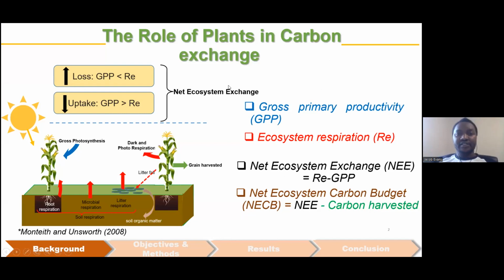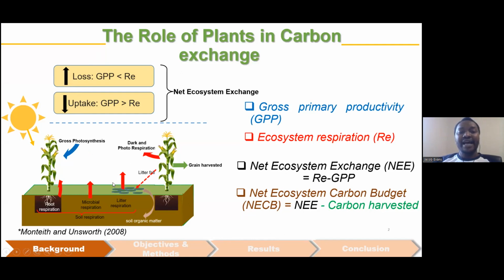There's the recognition that agriculture can help in the fight against climate change through net carbon uptake. In this slide, I wanted to highlight the role of plants in carbon exchange. If we consider this system, the presence of plants allows photosynthesis to move carbon into the system.